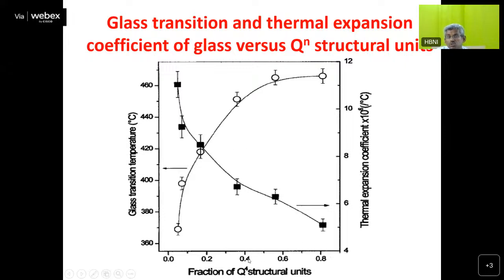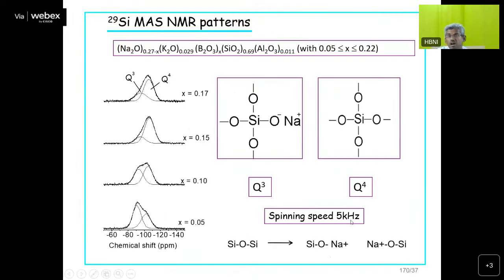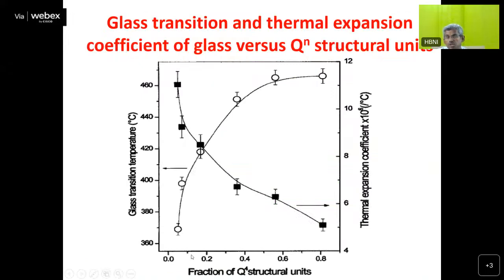Q4 is nothing but silicon with all 4 bridging oxygen. Here 1 is non-bridging and the remaining 3 are bridging, so this is a Q3 and this is a Q4. As you increase the Q4 structural unit, what is happening? The thermal expansion coefficient systematically decreases.